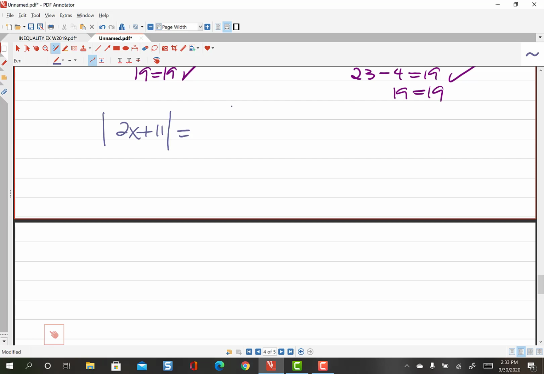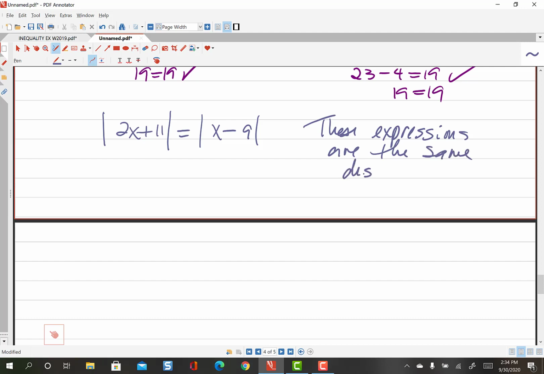What you want to keep in mind is if the absolute value of two things is equal, what that means is that these expressions are the same distance from 0.